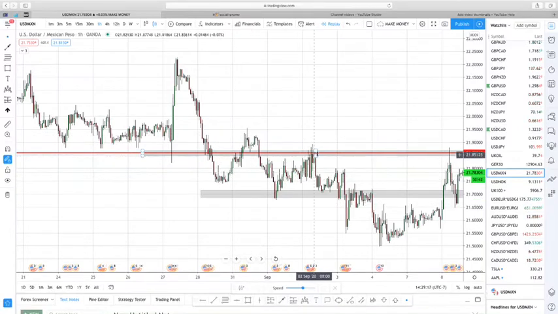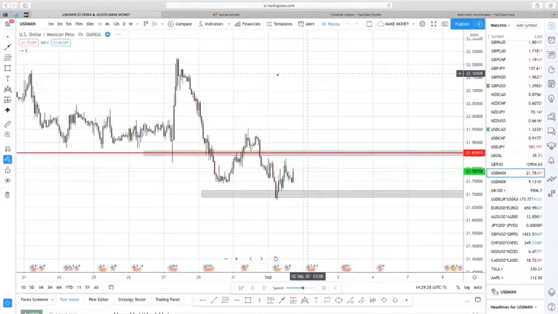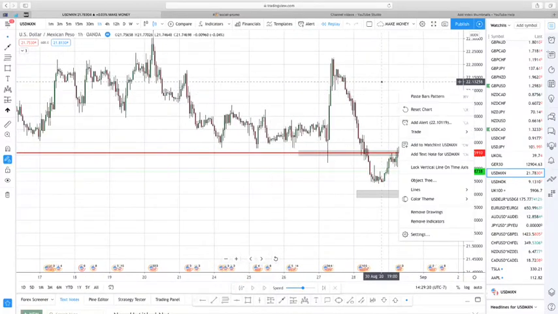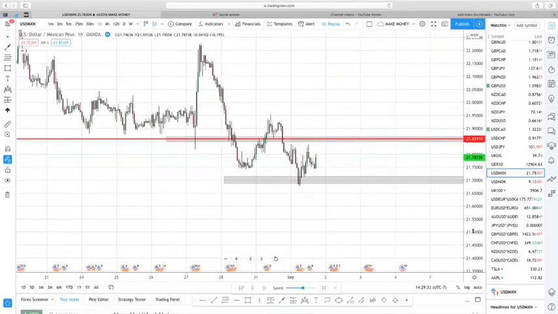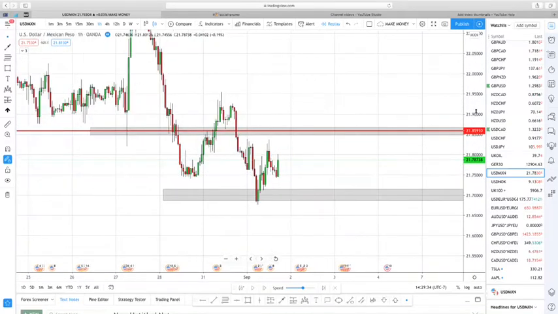In this area, let's get rid of this so we can accurately see what we're looking at when we're looking at our sell limit, how to execute.